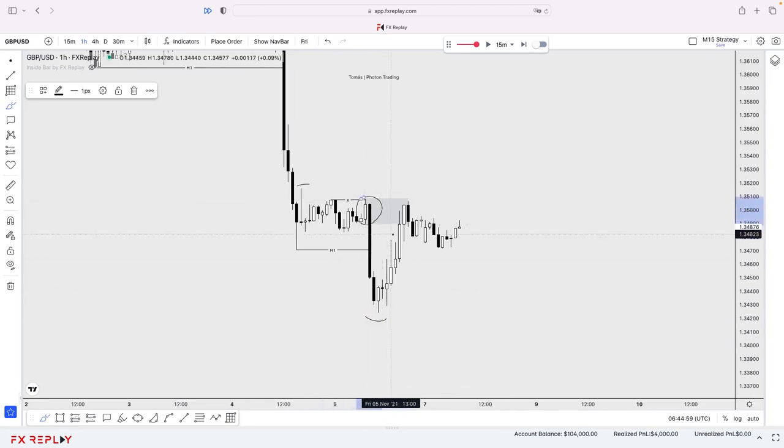There's nothing more here that's at least visible. So if this leg is going to hold, this POI needs to hold. This needs to be respected, and price needs to go down if the H1 structure will fall through.